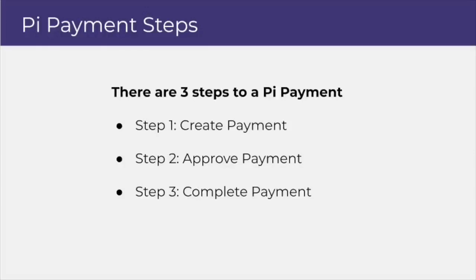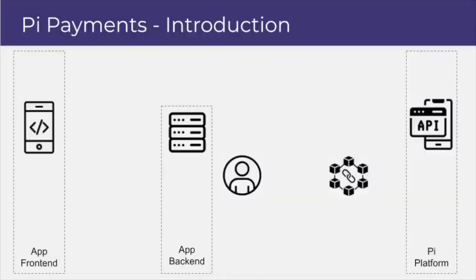And then step 3 is the payment gets completed, which is sort of another round of confirmation to make sure that everyone is aware that payment has been made and that the transaction has been executed on the blockchain. So all of our involved parties are shown here again in a fancy, more organized way.